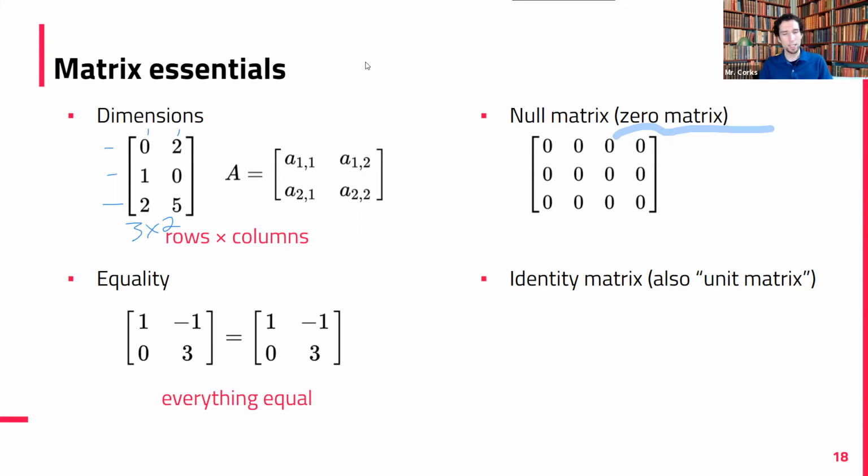An identity matrix, what does that look like? It's a square. Okay, square. So the number of rows and number of columns must be equal. And the value is 1. I want you to be a little more precise.